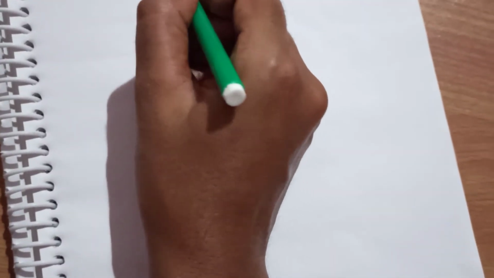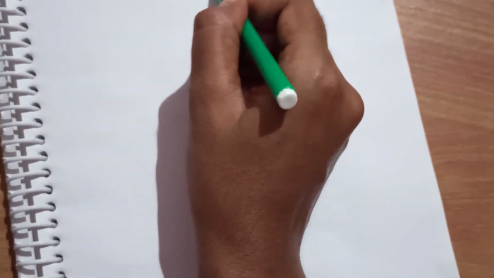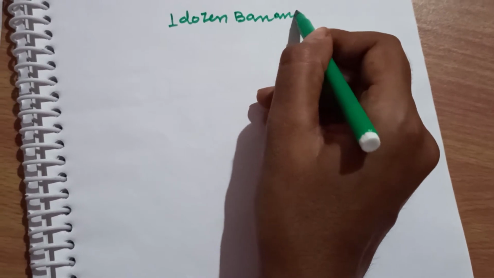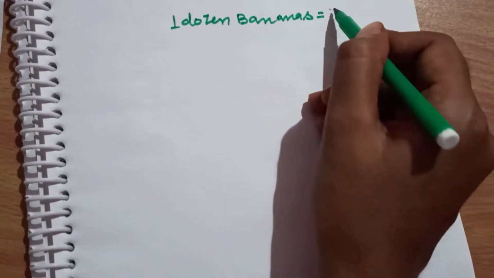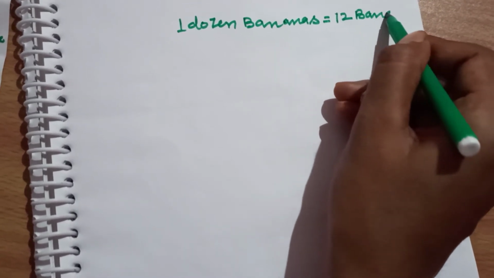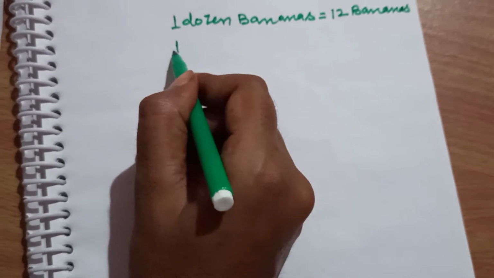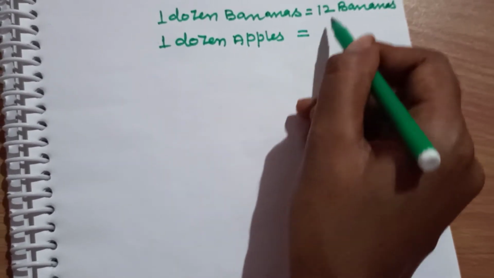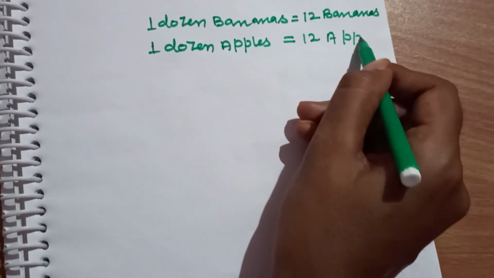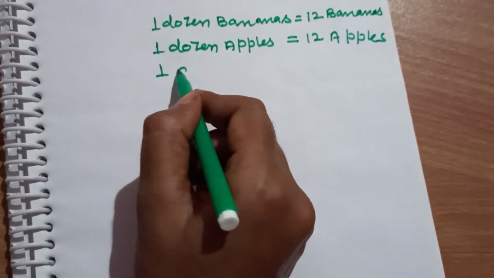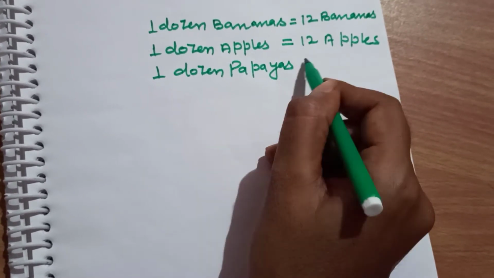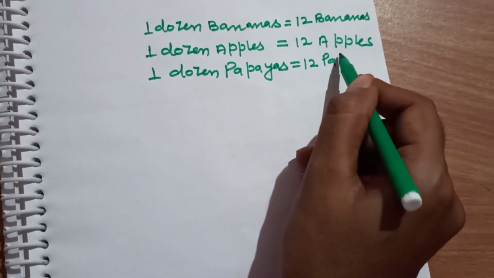Like 1 dozen bananas is equal to 12 bananas. 1 dozen apples are equal to 12 apples. 1 dozen papayas are equal to 12 papayas.